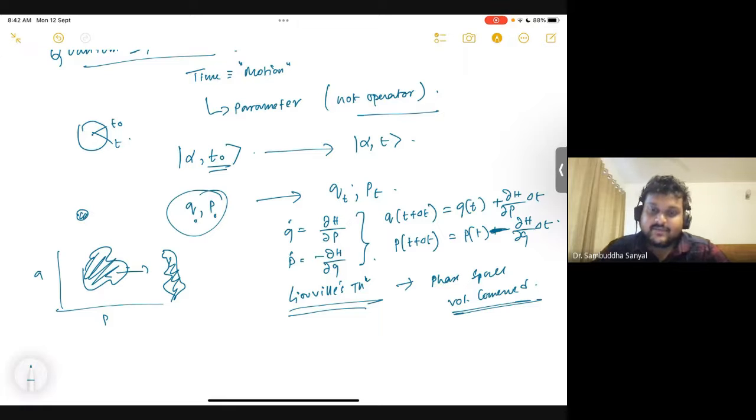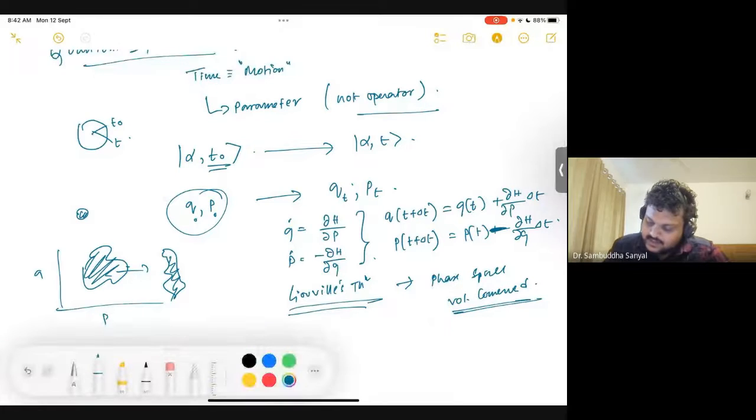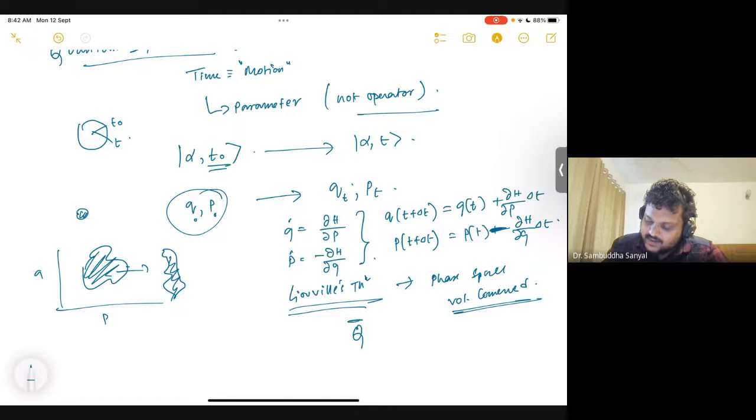And you can in fact write it in vector form. You can write this as some q vector at time t equals e to the power Lt times q0.